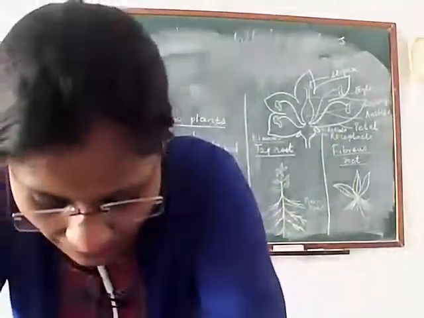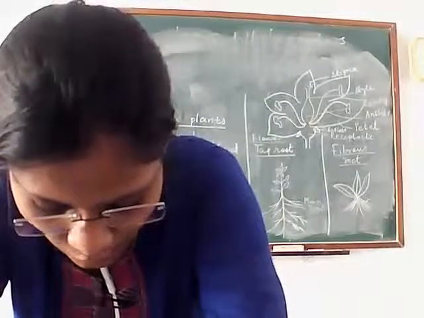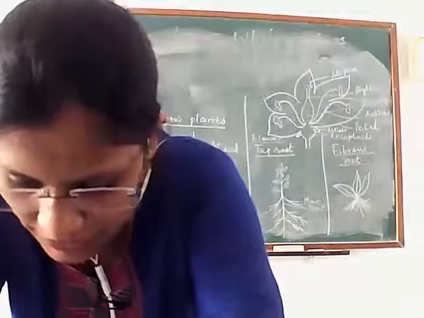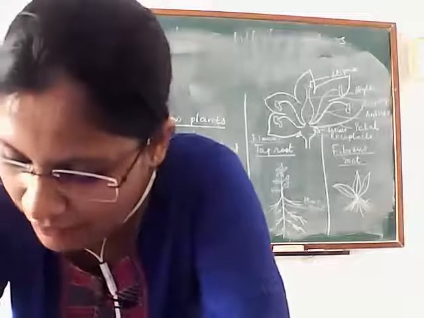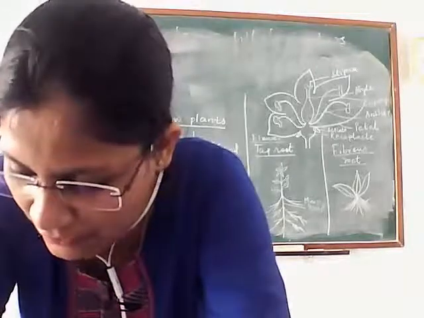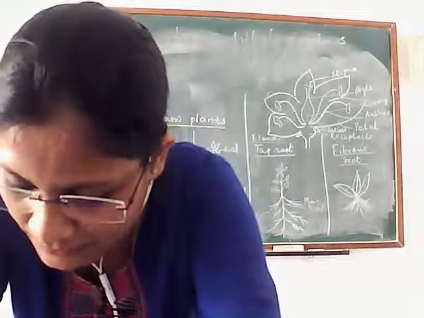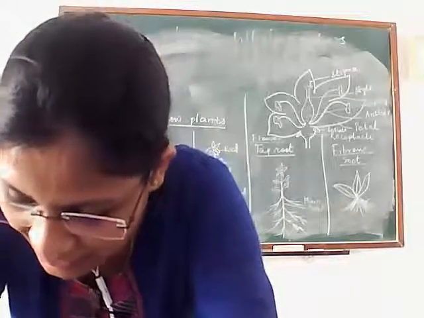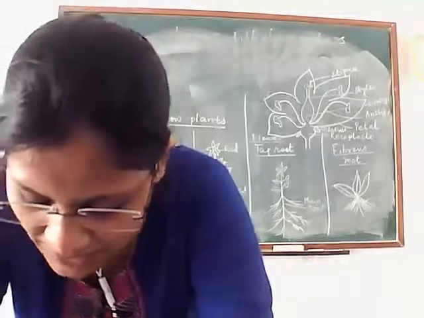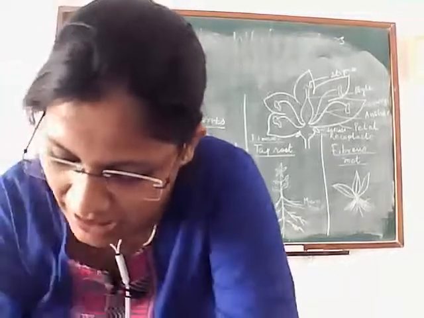Stamens are the male part, pistils are the female part, ovules are small bead-like structures inside the ovary. Flower is the brightly colored part of the plant.